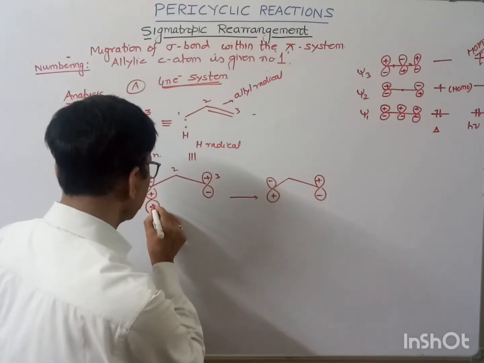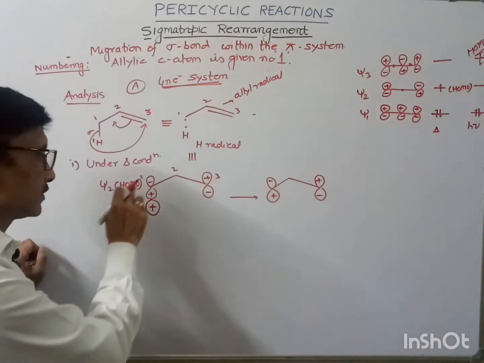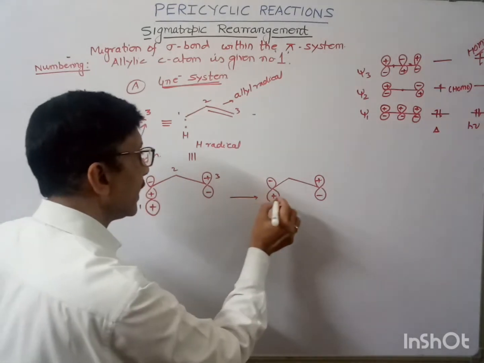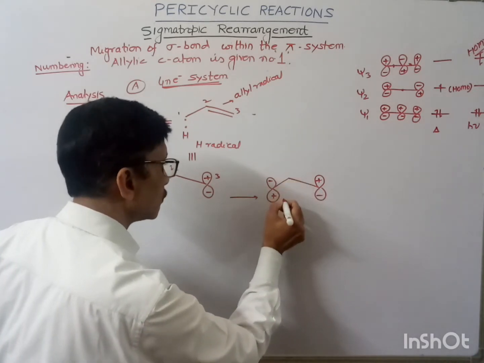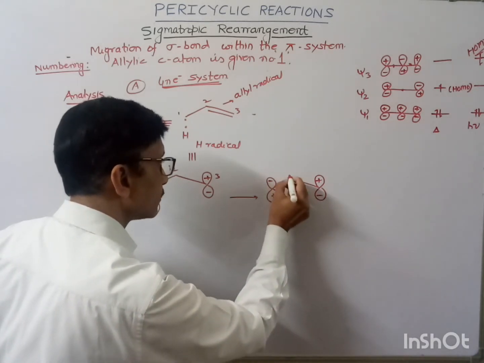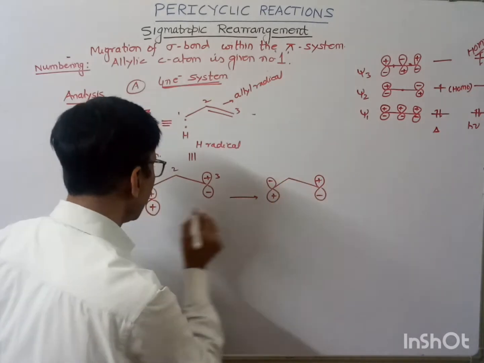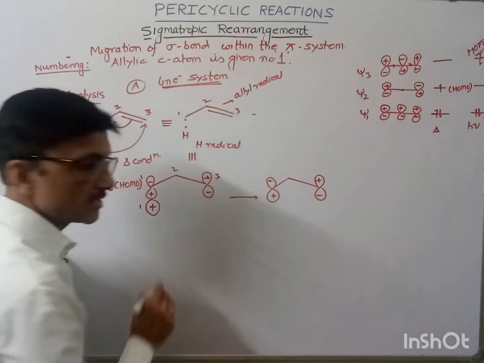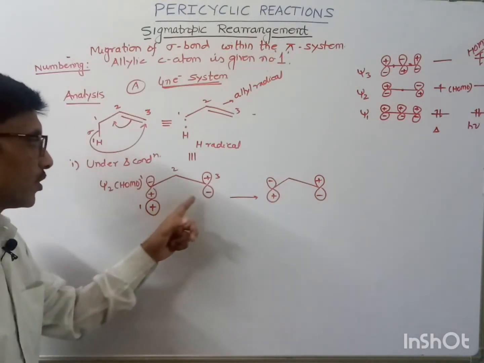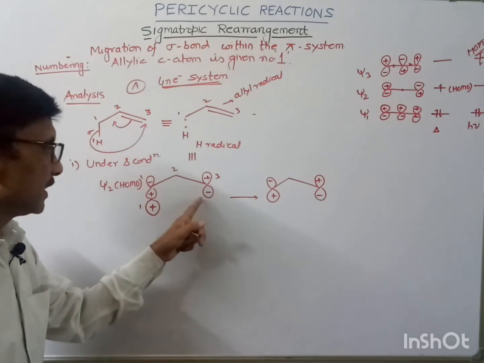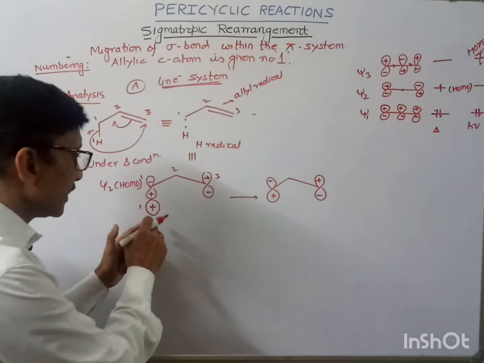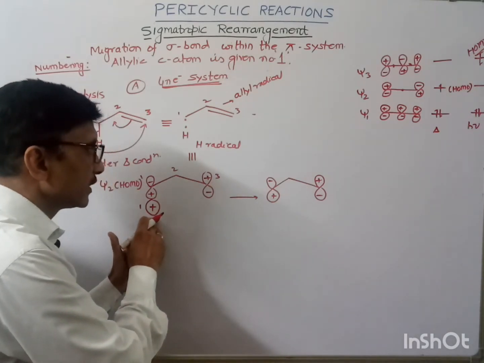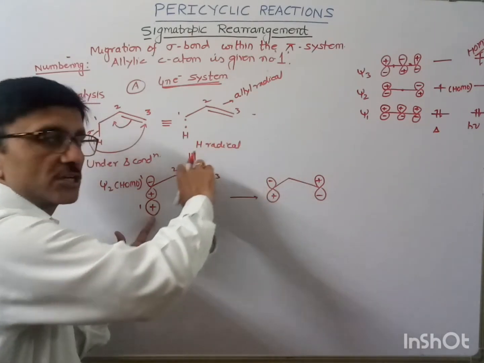Here this hydrogen bond breaks and it will interact like this. A bond cannot be formed between plus and minus. The bond can be formed between this plus and this plus. Means this hydrogen will interact in an opposite manner now.